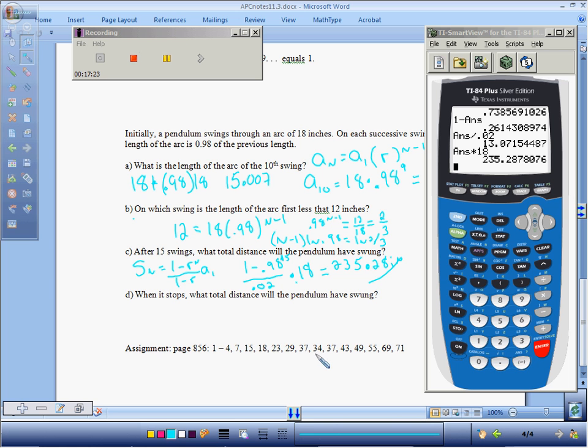That's a typo right there, so let's get rid of it. There we go, inches.